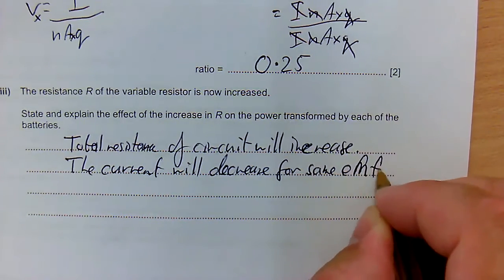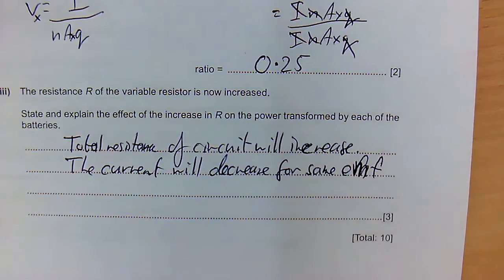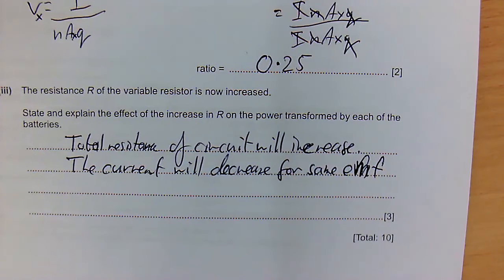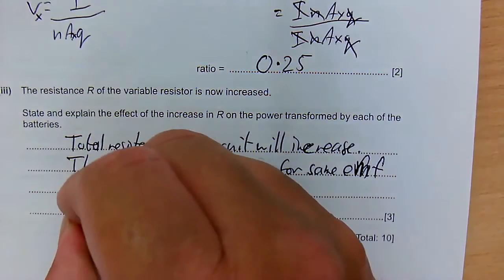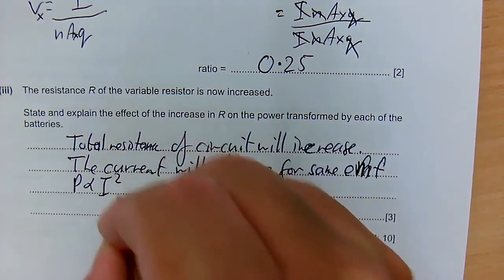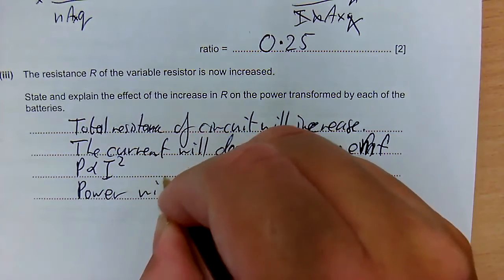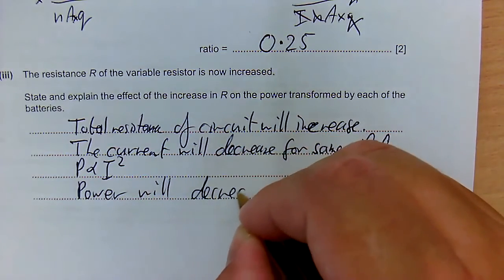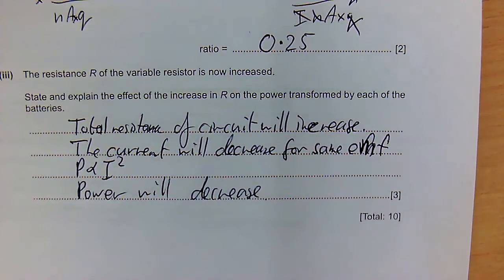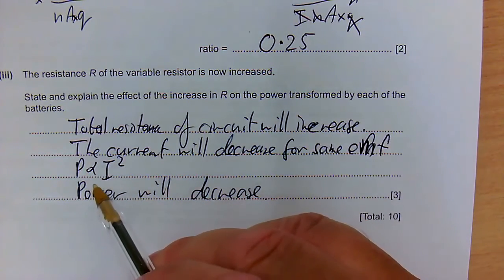So if you've got the current decreasing, therefore, since the power is proportional to I squared, power will decrease. And that's your answer. Easy as that, okay? It's actually a much easier question than it looks.